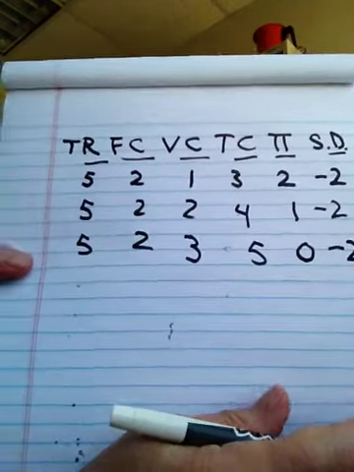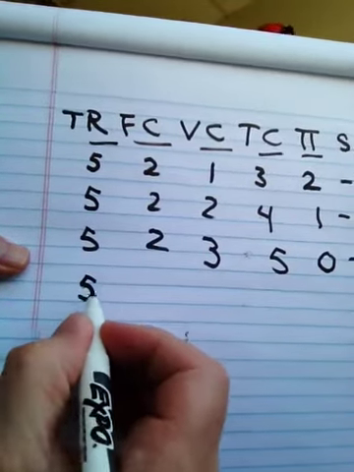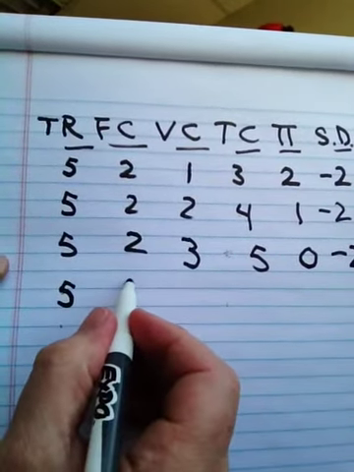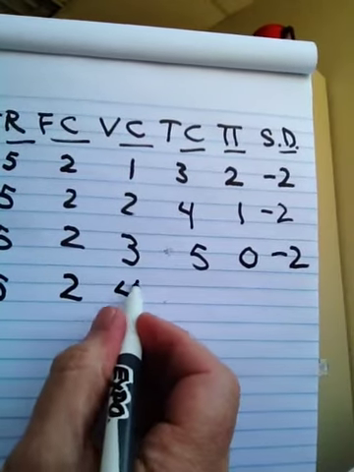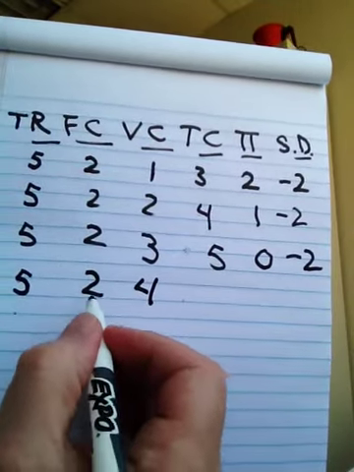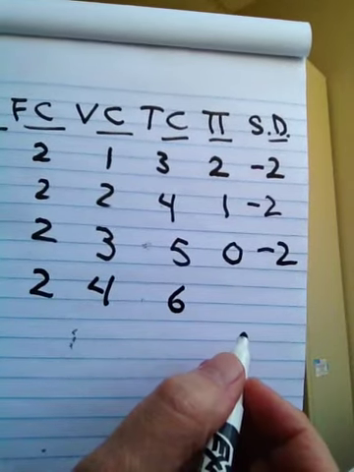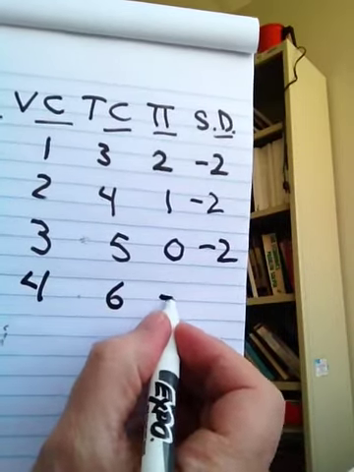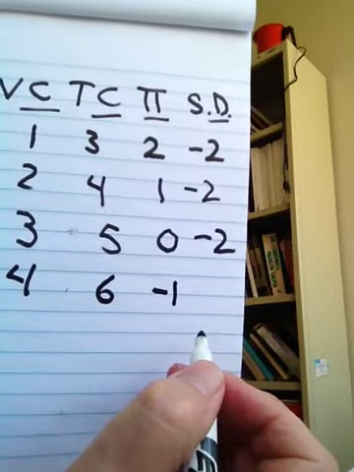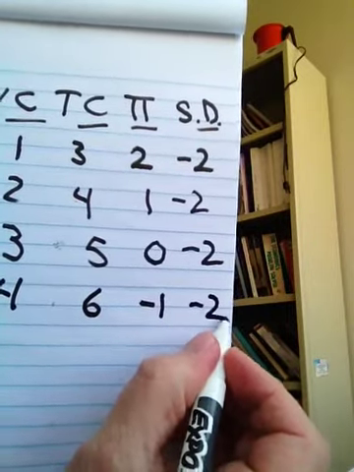Okay, now here's where it gets interesting. Let's say that total revenue once again is 5. Fixed cost is 2. But now variable cost is 4. Total cost is 6. Profits, 5 minus 6, minus 1. But if you shut down, it's -2.